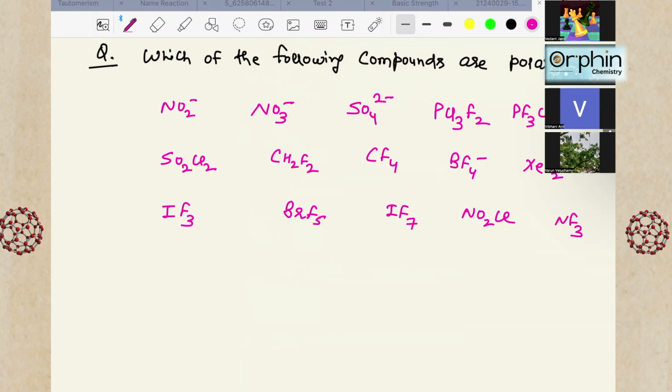So from these 3 cases, you can solve this, right? If there is a geometry which is non-regular, then you can make that and then you can see whether the dipoles are cancelling or not, right? If there is one lone pair only on the central atom, it must be polar.